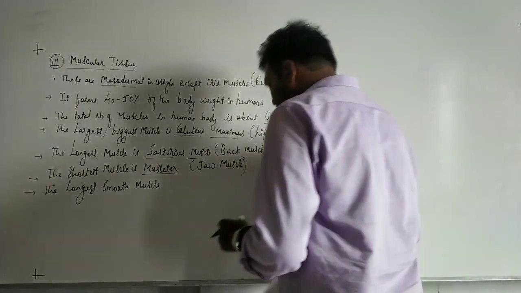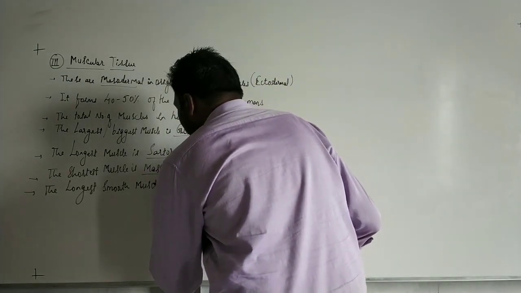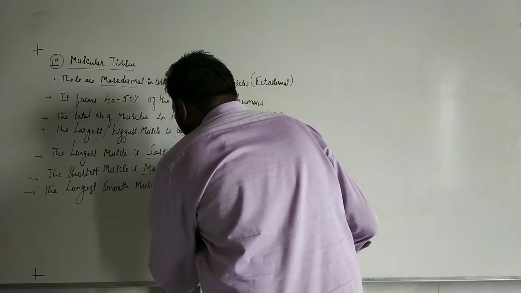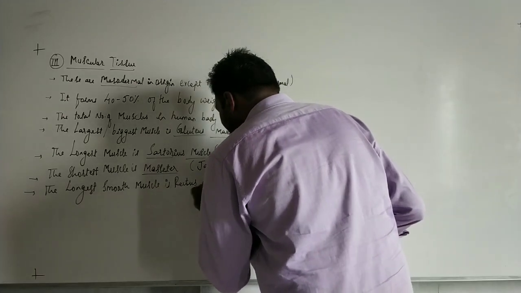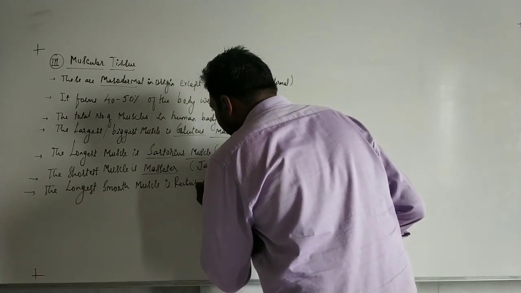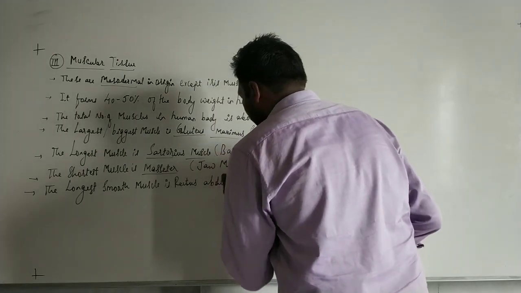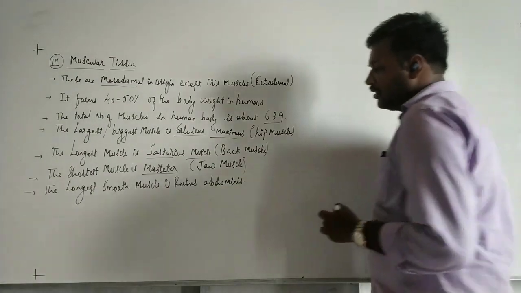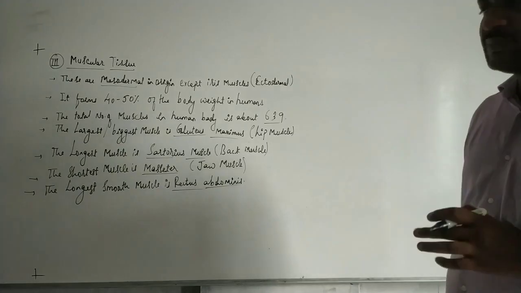So the longest smooth muscle is the rectus abdominis, found in the intestinal part. Okay, this is the longest smooth muscle.